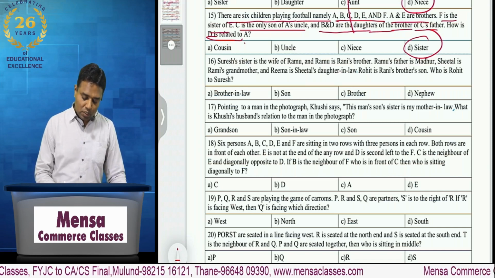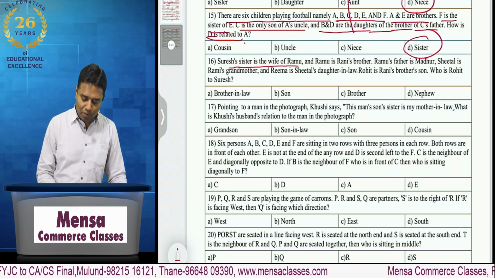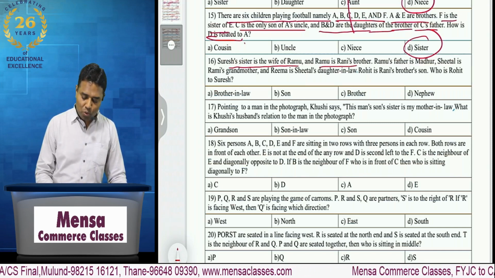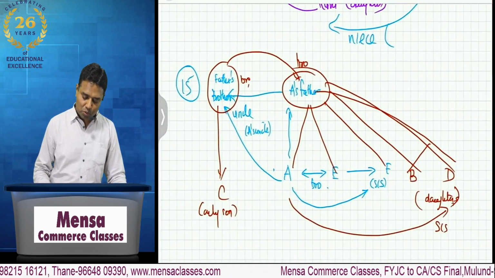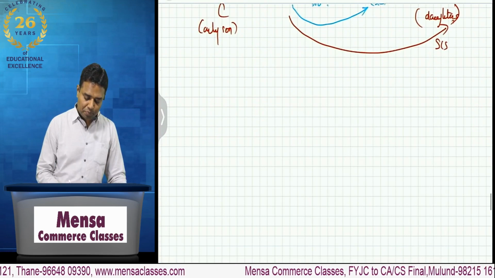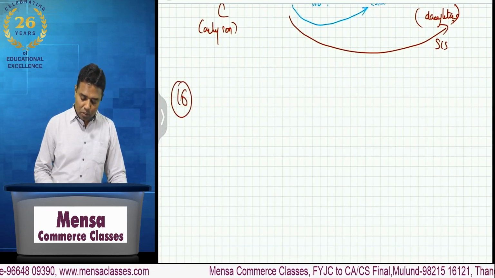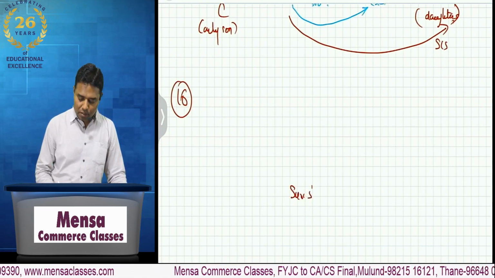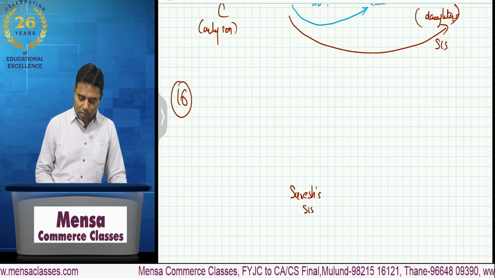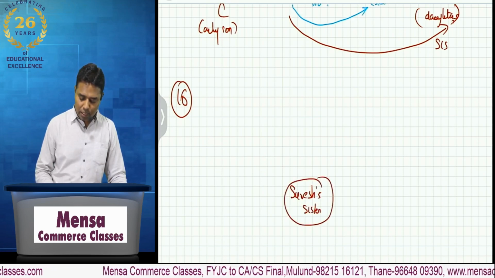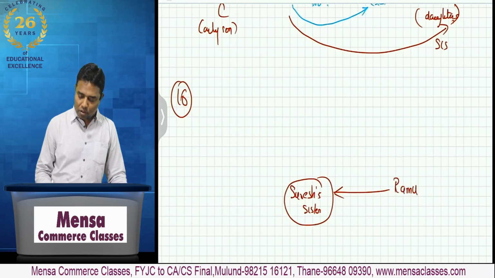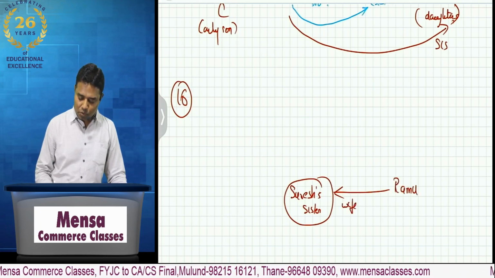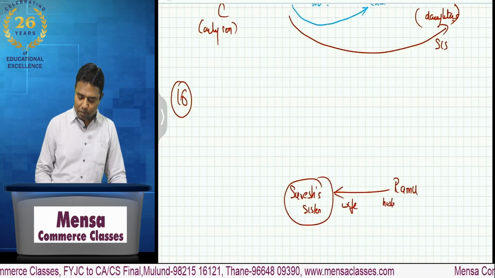Suresh's sister is wife of Ramu. Ramu is Rani's brother. Let's draw that first. Suresh's sister is wife of Ramu, so wife, husband.